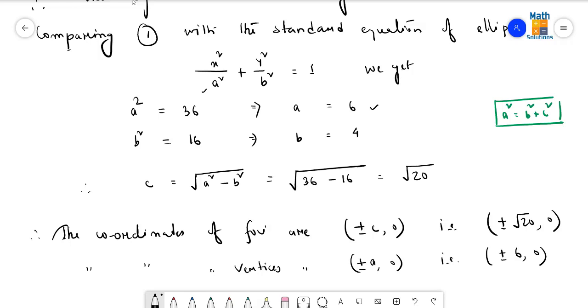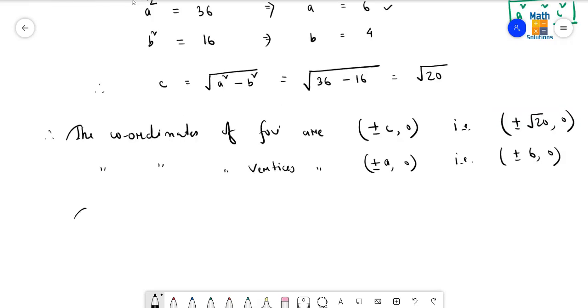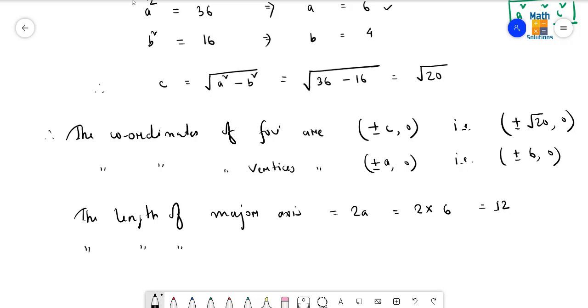Then after, the length of major axis is equal to twice a, which we get as 12. Then the length of minor axis will come as twice b, so 2 into 4, the result comes as 8.